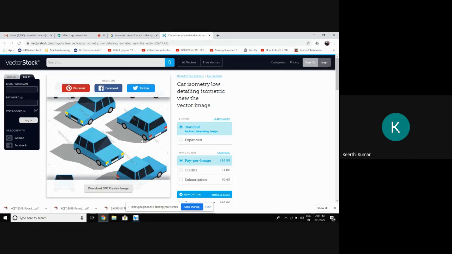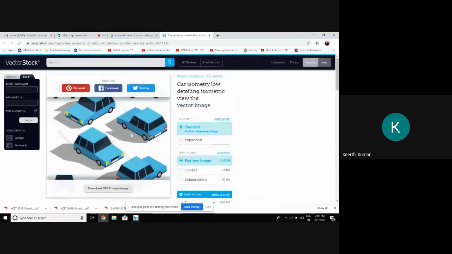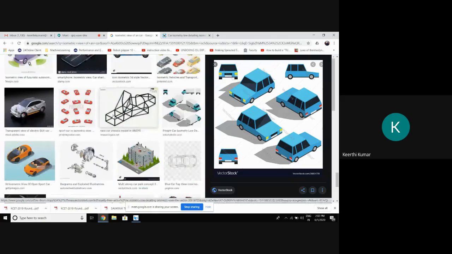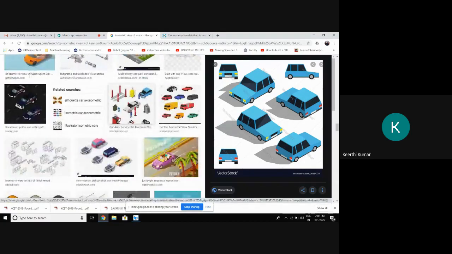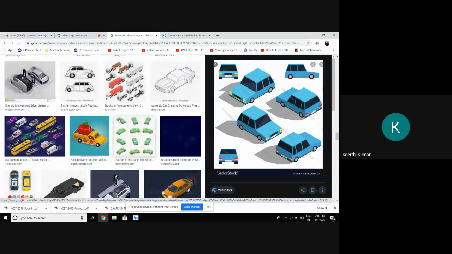The only thing you should remember in isometric projection is you're supposed to keep the object at an angle of 30 degree. Is it clear? I'll explain how to place the object at an angle of 30 degree and how to express that.